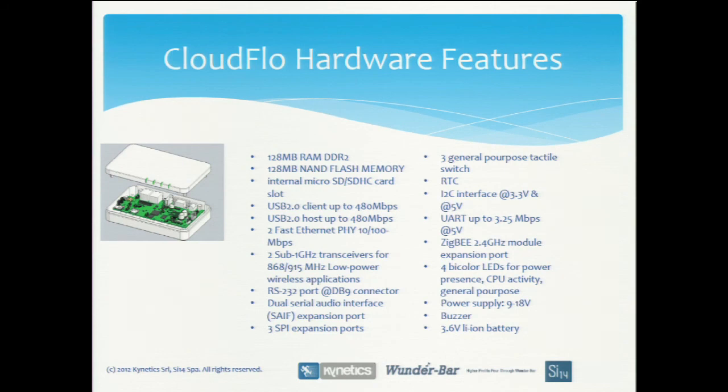We have 3 general purpose tactile switches, I2C, ZigBee, power supply, a buzzer, and a Li-ion battery. Because if something goes bad with the power of the bar, we can shut down the system and finalize the data safely.